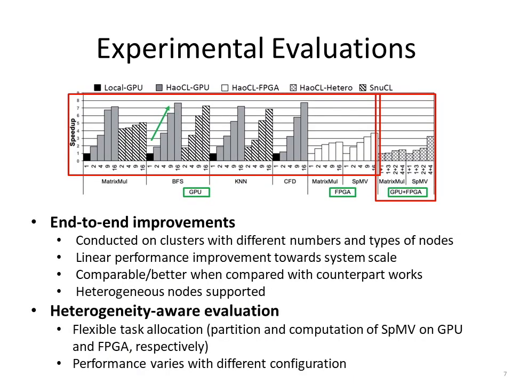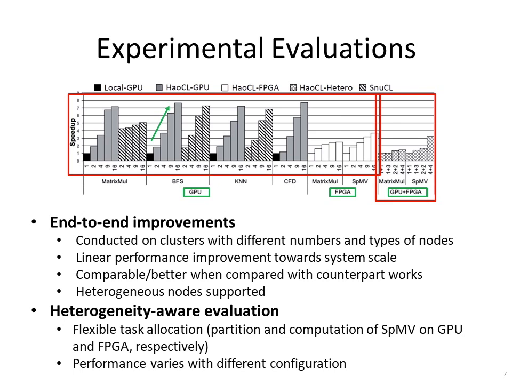The end-to-end evaluation is performed by scheduling the tasks on different devices and different numbers of nodes, and is denoted as GPU, FPGA, and GPU plus FPGA configurations. The presented results are normalized to the unit configuration, which is either a single GPU, single FPGA, or GPU plus FPGA with a local OpenCL environment.